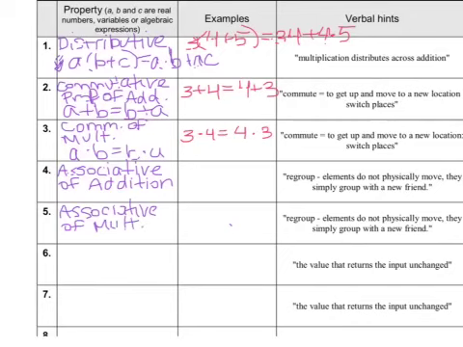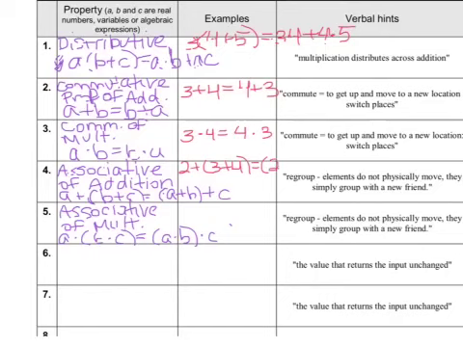So with addition, A plus (B plus C) is the same thing as (A plus B) plus C. For multiplication, A times (B times C) equals (A times B) times C. So we can see that 2 plus (3 plus 4) is the same thing as (2 plus 3) plus 4.